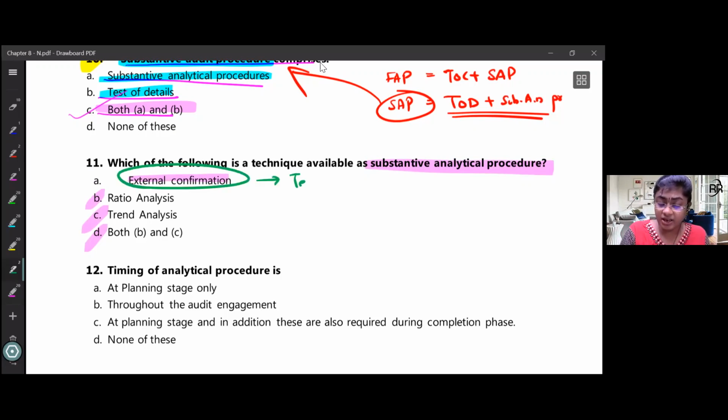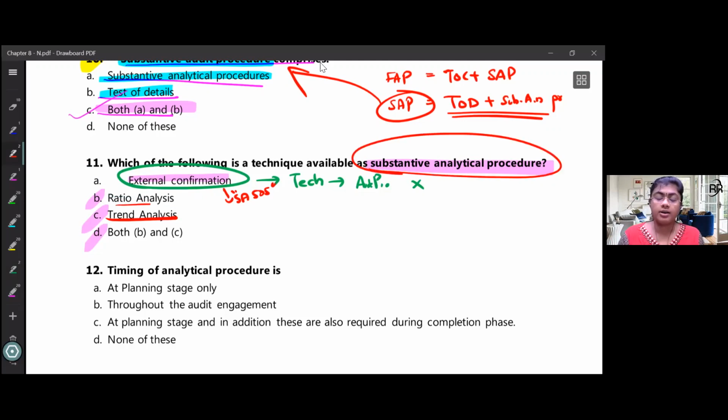External confirmation is a technique of audit procedure, not analytical procedure. That is SA 505, external confirmation. Whereas these two, ratio and trend, are substantive analytical. So the answer is both, B and C.